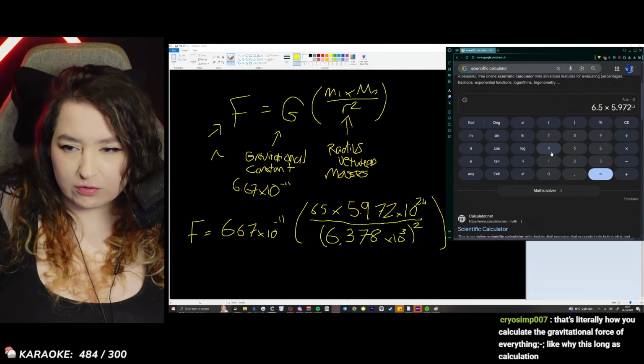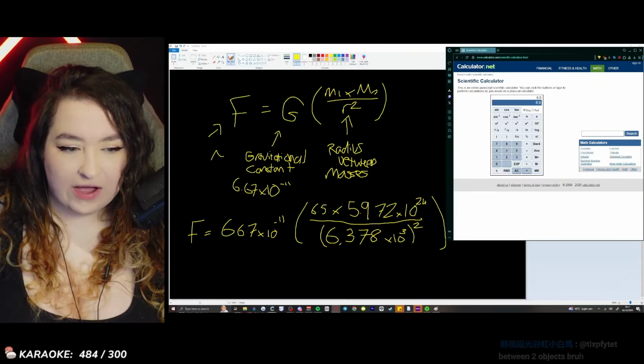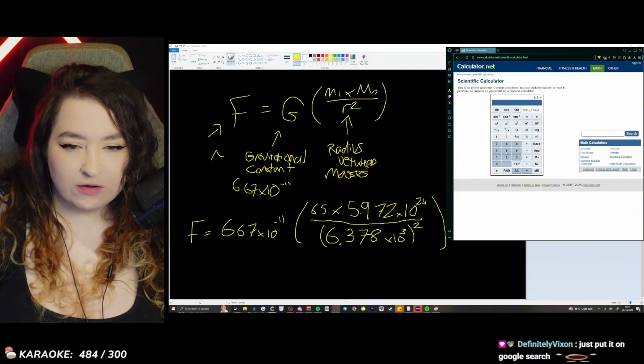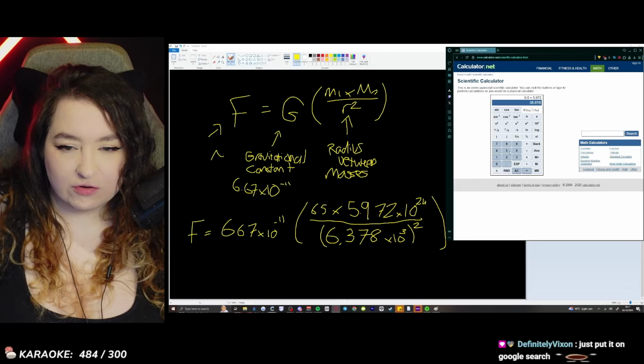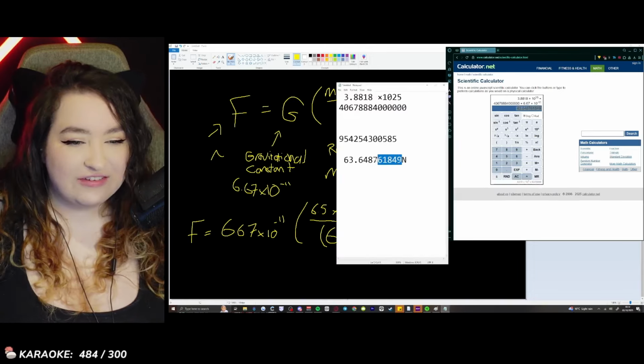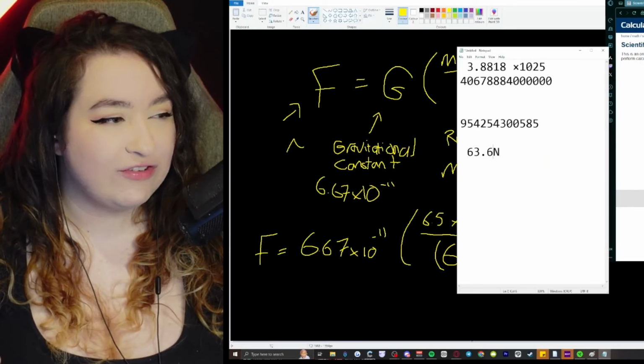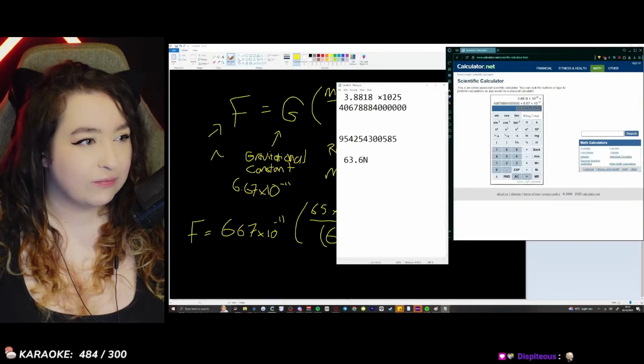I had a better scientific calculator. There we go. Okay, wait, hold on. This is better. 6.5 times 5.972 times 10 to the 24. Yeah, 63.6 newtons worth of force. That's the gravitational force between my boobs and the earth.